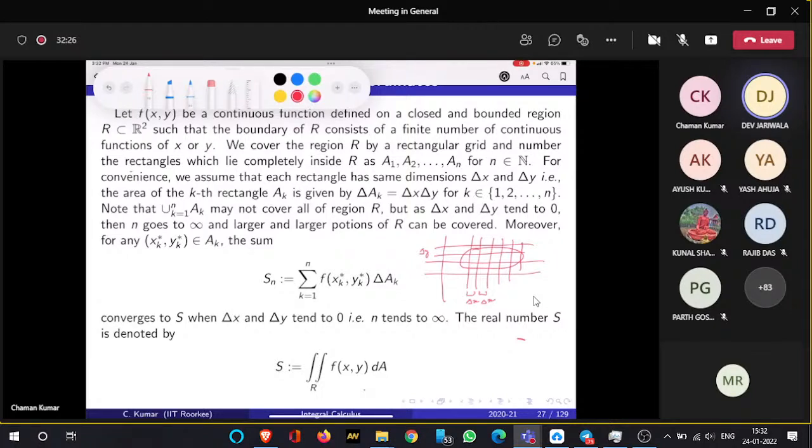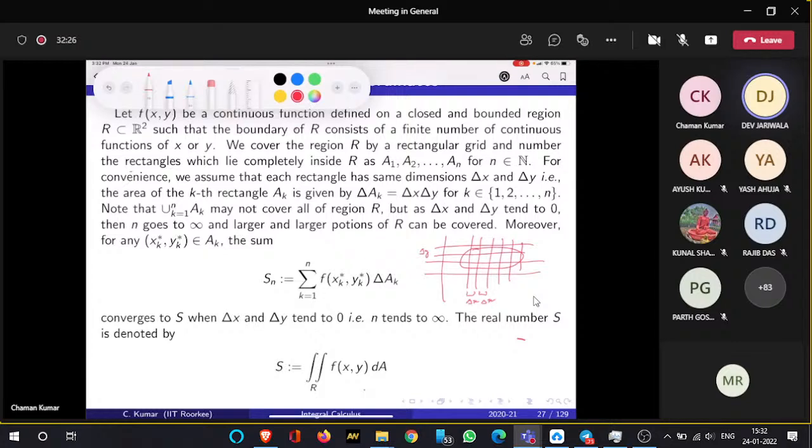So you see that we started with f as a continuous function. But it does not mean that only continuous functions are integrable. Even if the function is not continuous, you can still find the integration.